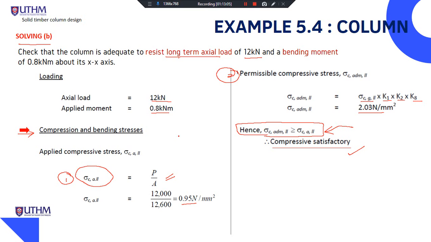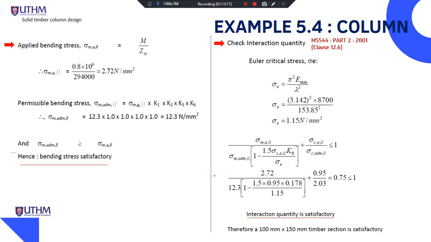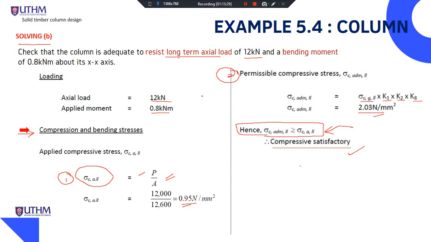So we bring this value 2.03 and 0.95 to the equation, as stated in clause 12.6 of Malaysian Standard 544. Next we calculate the applied bending stress. This equation is to satisfy resistance to the axial load, and next we check the bending moment.